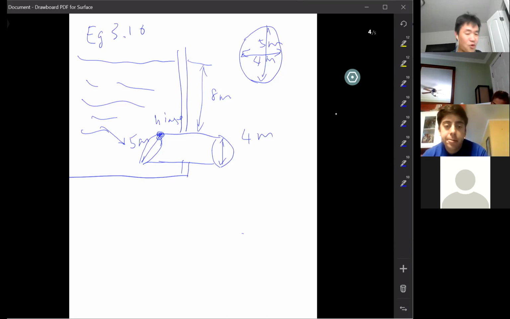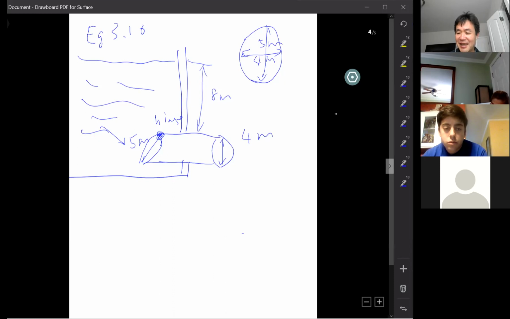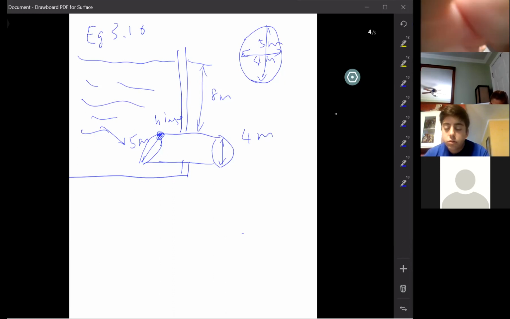What's the normal force required to open it? Right now, you can only open this gate outward. You cannot open inward.